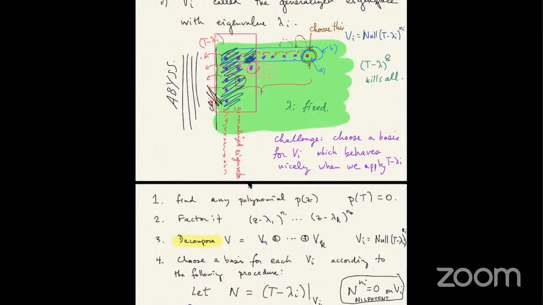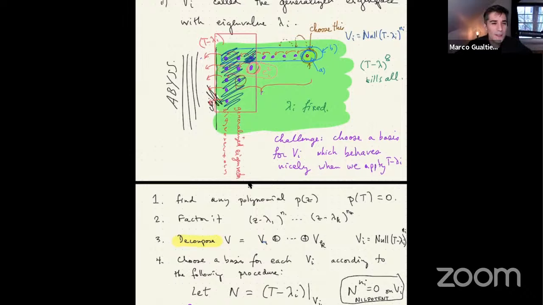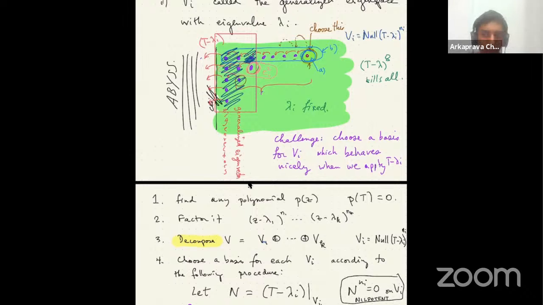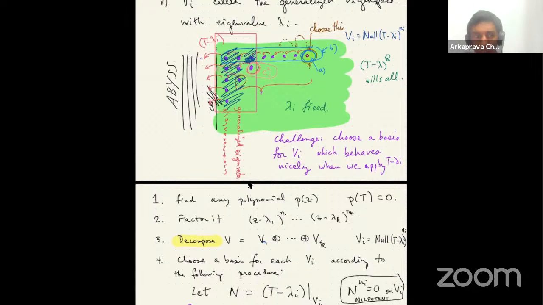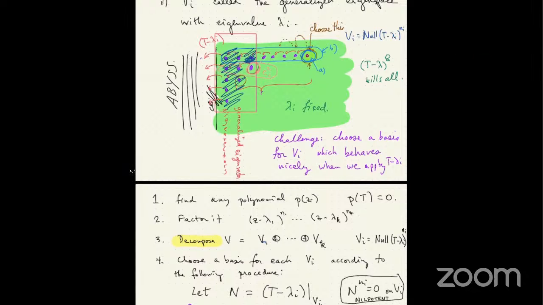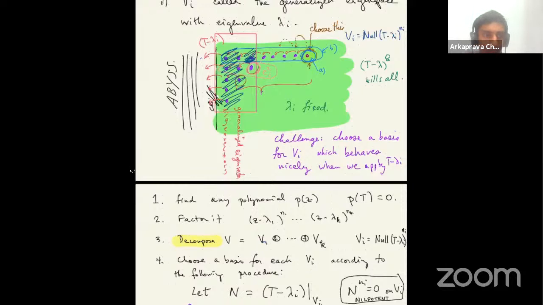How many weeks do we have left? I think we have 2 full weeks left. Maybe less than that, I think 1.5. 1.5, check.